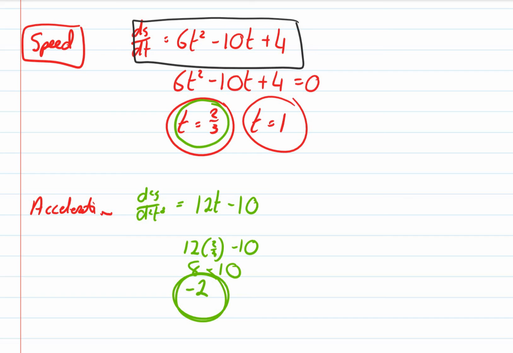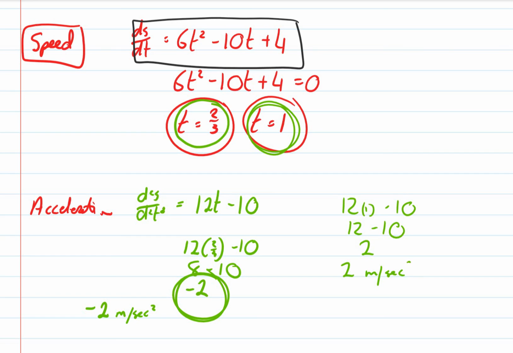So at 2/3 seconds, the acceleration is minus 2 meters per second squared. Second one, we'll put in 1 for t. So 12 times 1 minus 10, 12 minus 10, which is 2. So it's 2 meters per second squared. So there's our two answers.